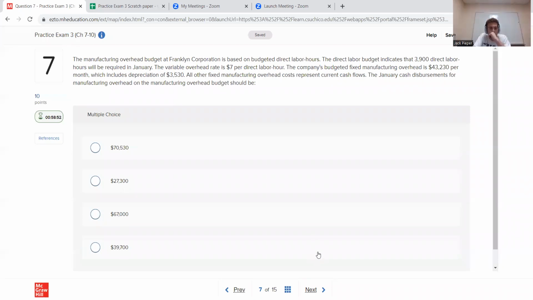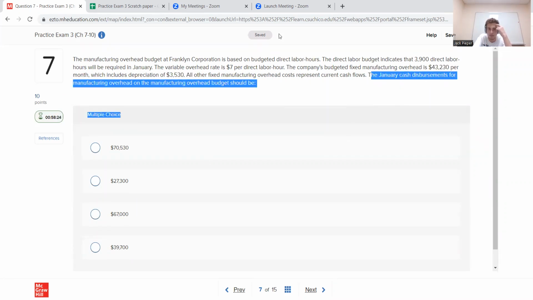All right, little short on time, but basically I can kind of read this. So you're gonna do your total, right? So you're gonna do 3,900 times 7 plus 43,230 minus 3,530. And it's not that we're not paying depreciation here, but it's asking for the cash disbursements, right?